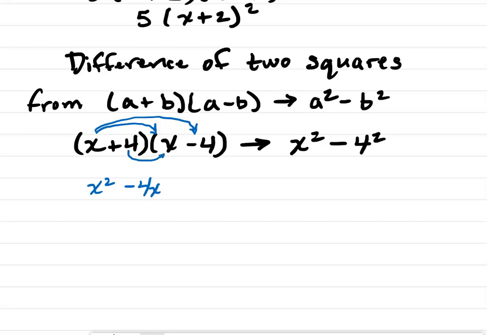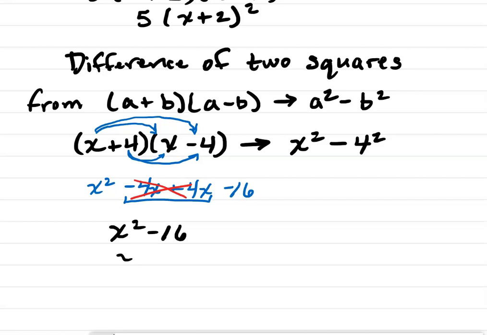Positive 4 times x is positive 4x. And then 4 times negative 4 is negative 16. So right here, you will notice we have a minus 4x and a plus 4x. So those cancel each other out, or you'll end up with a 0 there. And all that is left is x squared minus 16. And 16 can be written as 4 squared. And there you go. That's your difference of two squares.